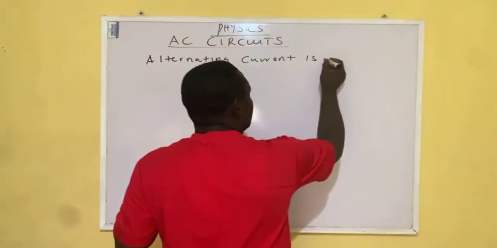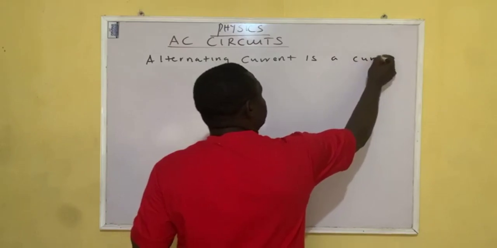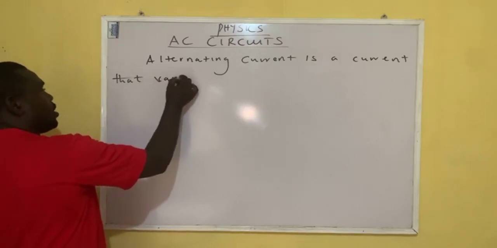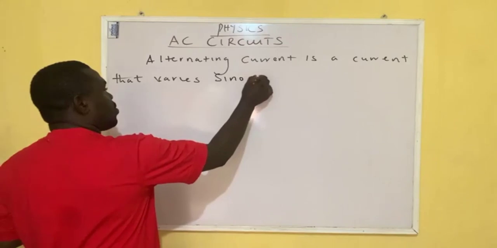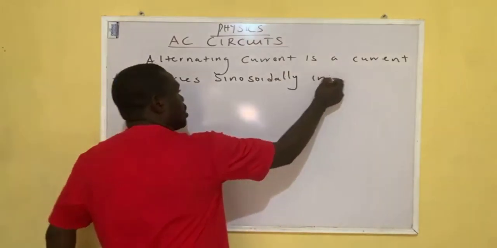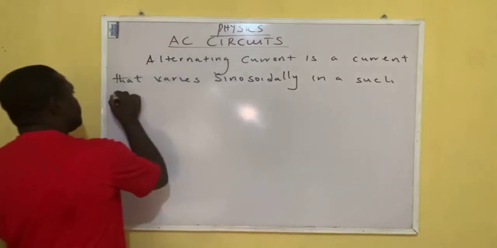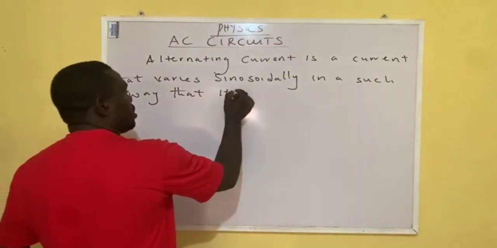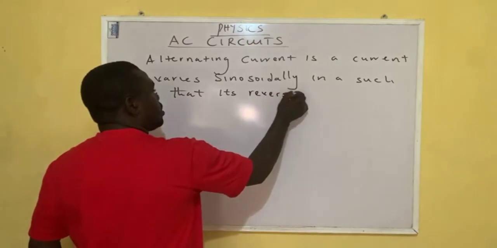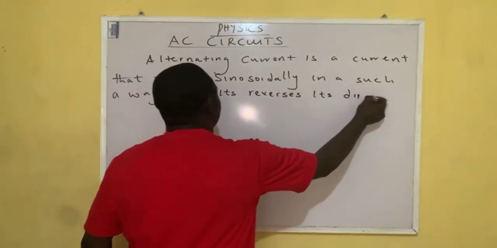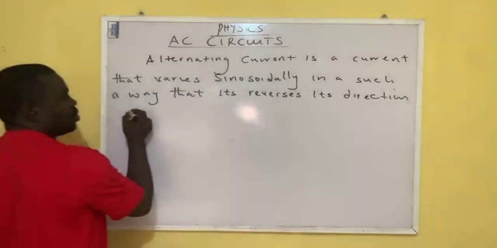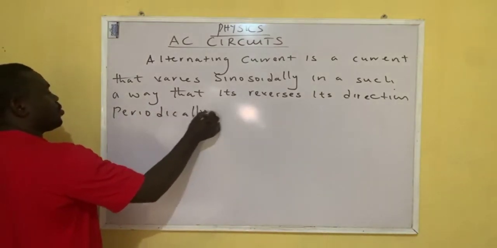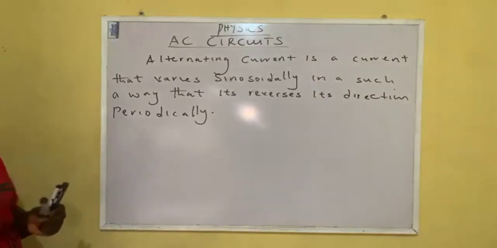So alternating current is a current that varies sinusoidally in such a way that it reverses its direction periodically. So that's what we mean when we say alternating current.